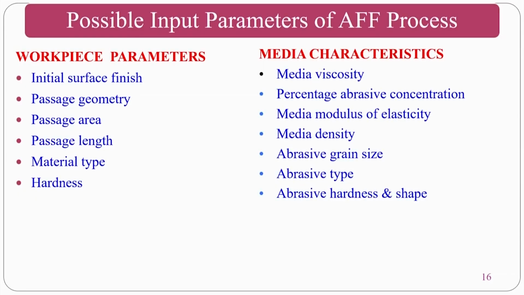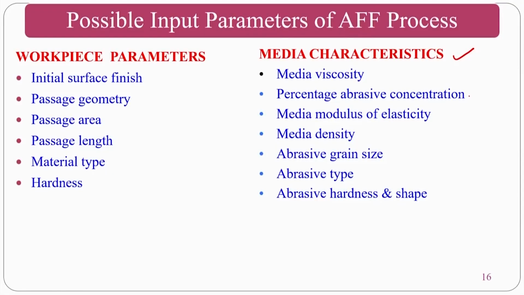If you look at the medium characteristics, media viscosity plays a major role, because if the viscosity is high, the medium flow will reduce, but it will try to remove as much material as possible. Percentage of abrasive concentration: if the abrasive concentration is high, the number of abrasive particles taking part in finishing per unit time will increase, so the material removal always increases.